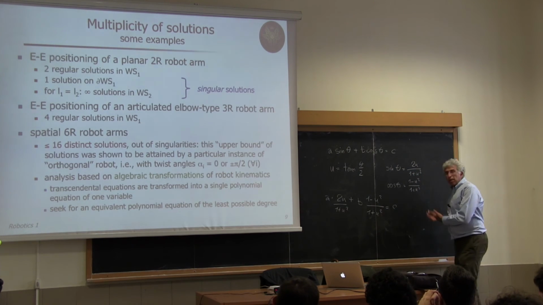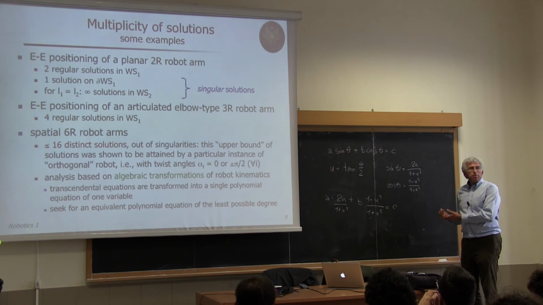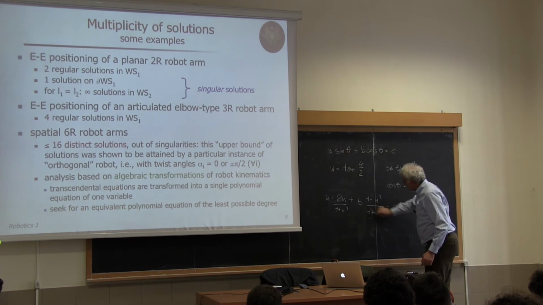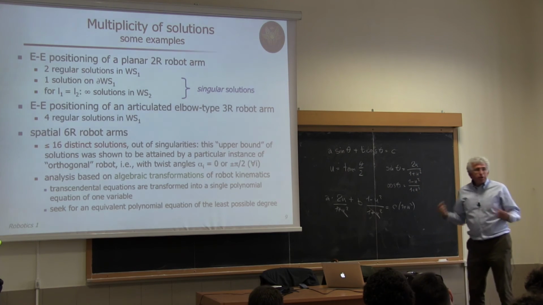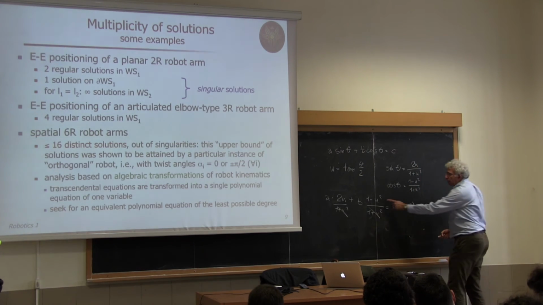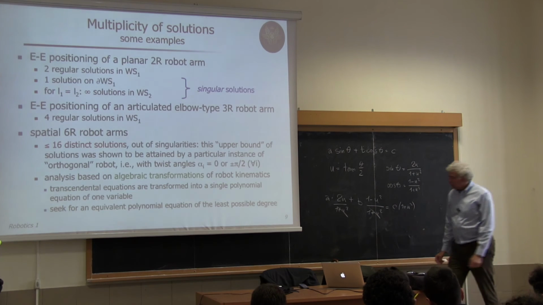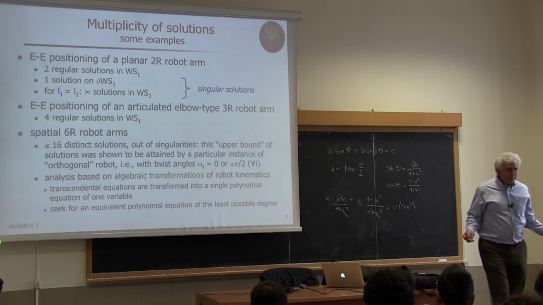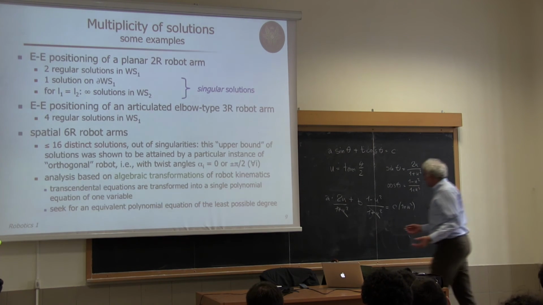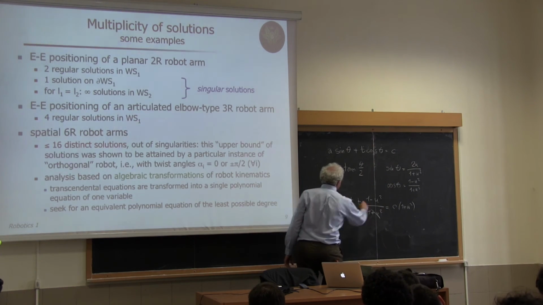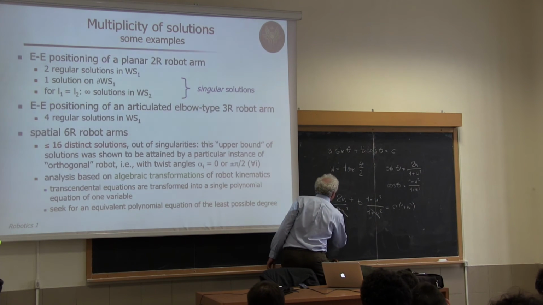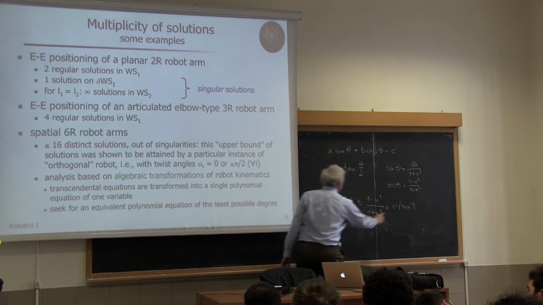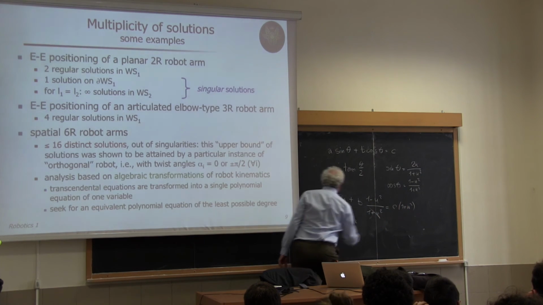And now you multiply by 1 plus u squared, so this denominator is gone. And now you reorder things as powers of u. First of all, you see that this is a polynomial equation in u. And if you reorder things, you bring c to the other side, so you have b plus c times u squared, from here and from here brought to the other side.